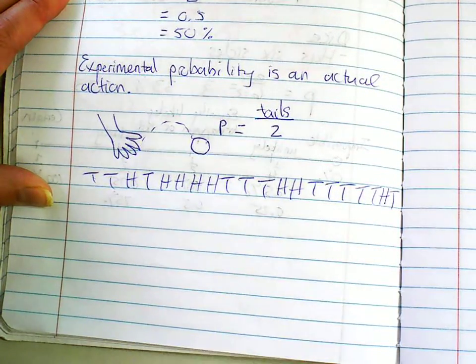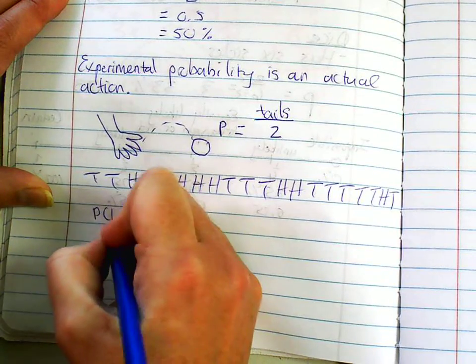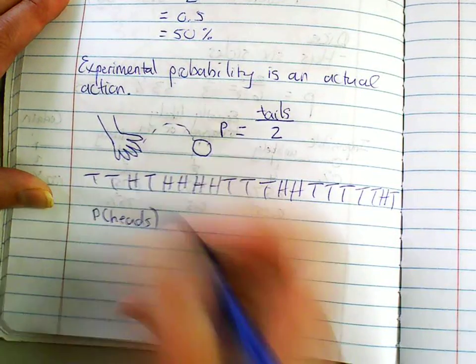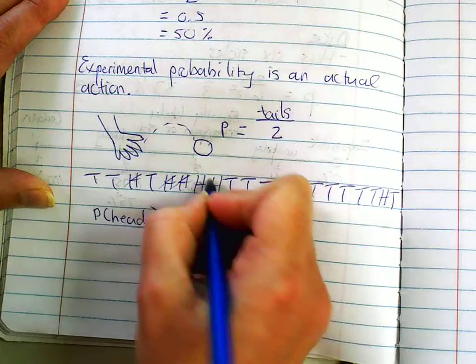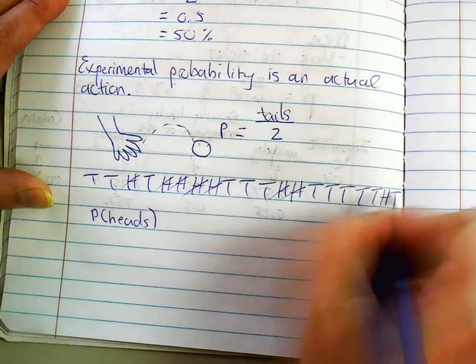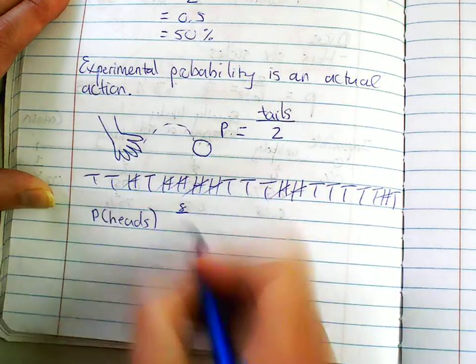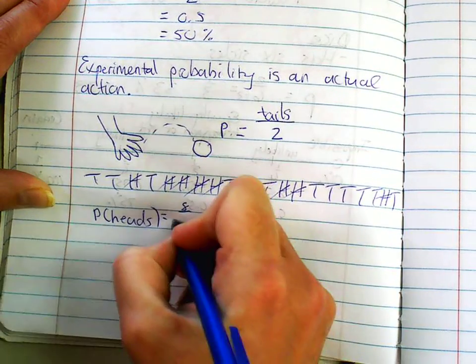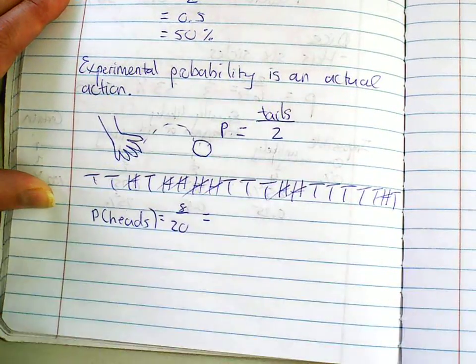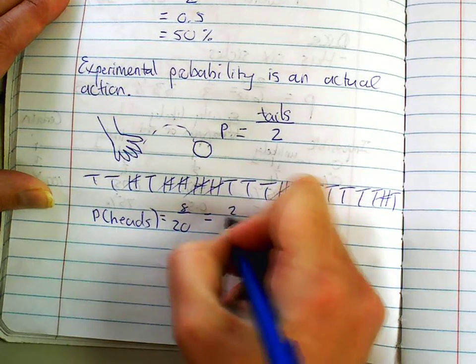Now I can actually tell people what happened. So they can say, oh, how many times did you throw heads? Then I count. 1, 2, 3, 4, 5, 6, 7, 8. I threw heads 8 times out of how many trials? How many times did we throw it? 20. So if I reduce this and I divide it by 4, I get 2/5.